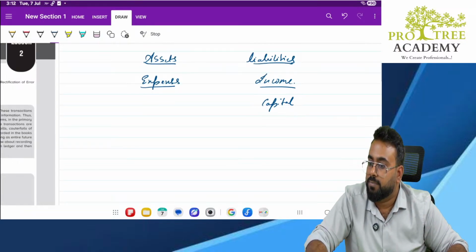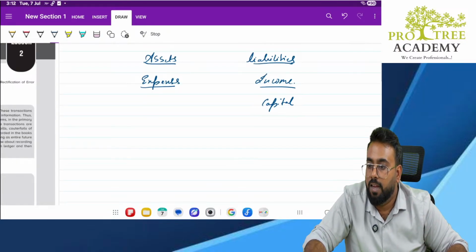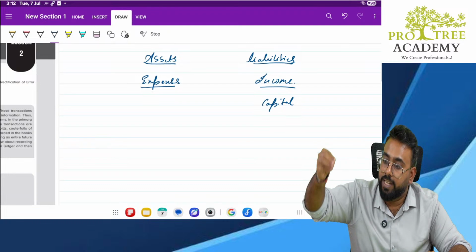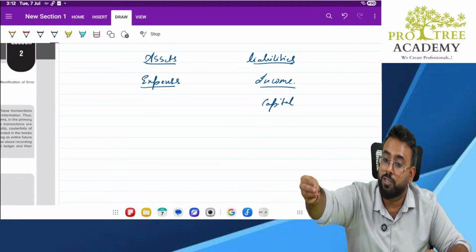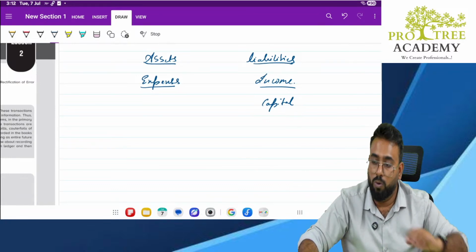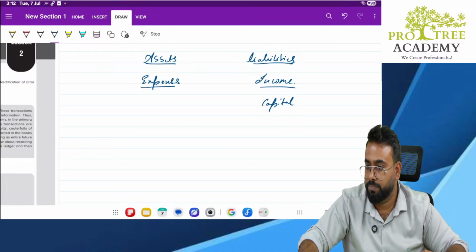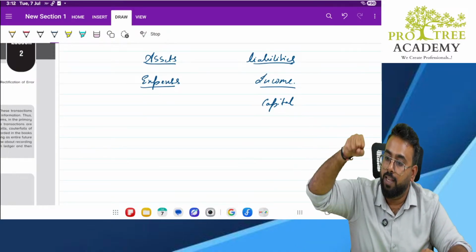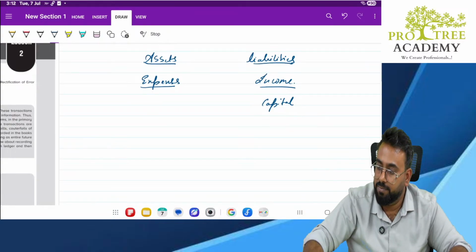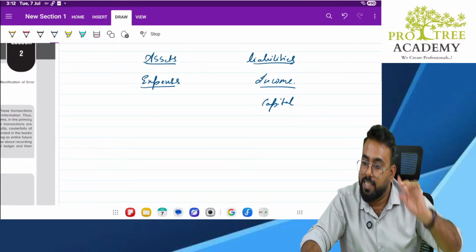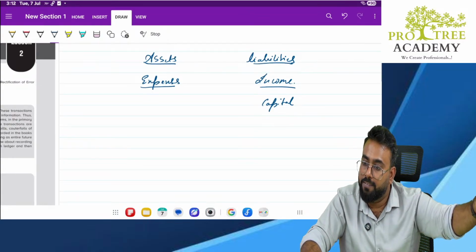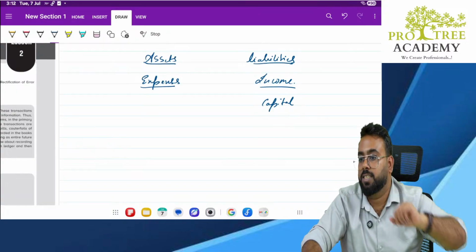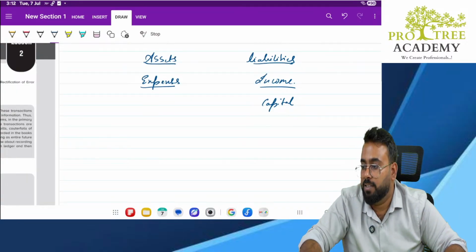Best example for this: dividend. You know what is dividend? A dividend is a share of profit given to the owners of the company. Who are the owners of the company? Shareholders. Correct? So shareholders will get their share of profit by way of dividend. Now understand. Is it an outflow of economic benefit when I pay the dividend? Answer is yes. But come to the second part.